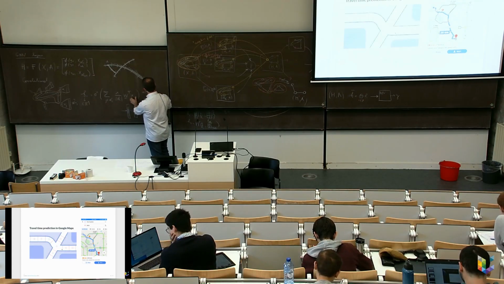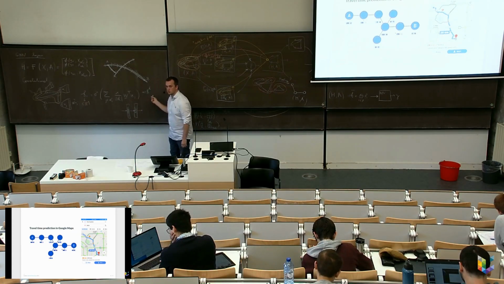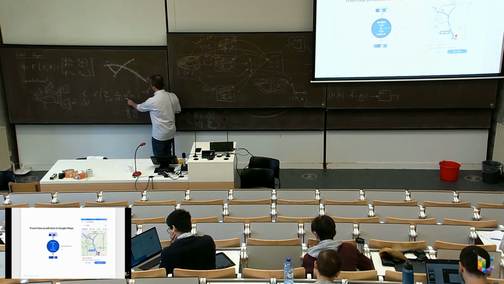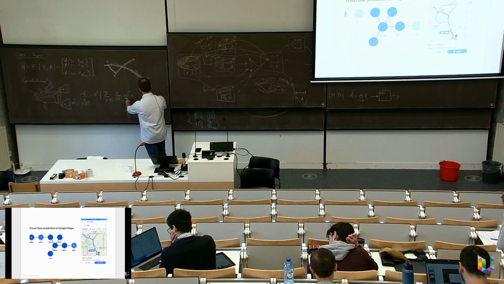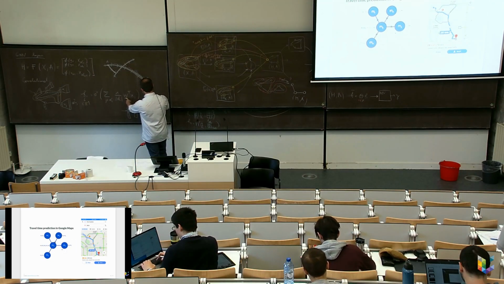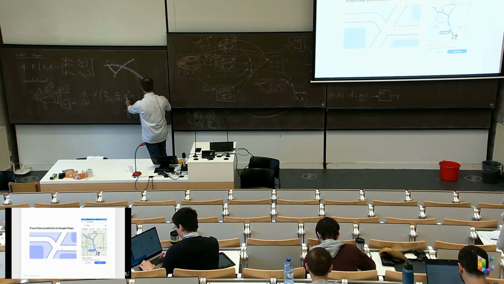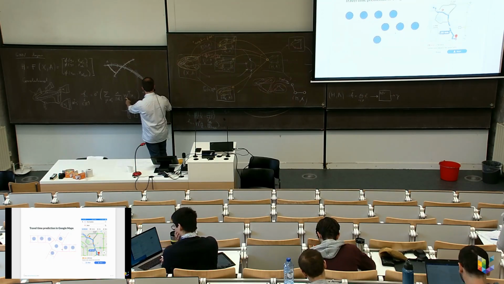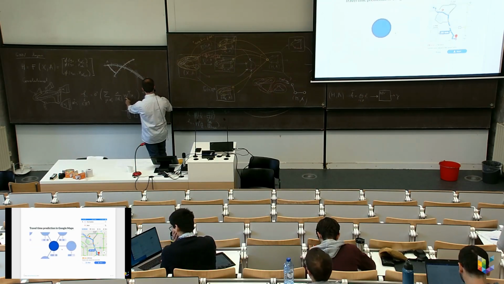The vector that you associate to each node will be of size d. And then you say W is a matrix of size d times q.